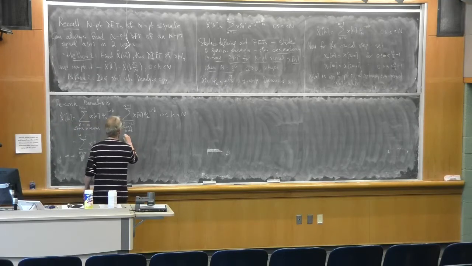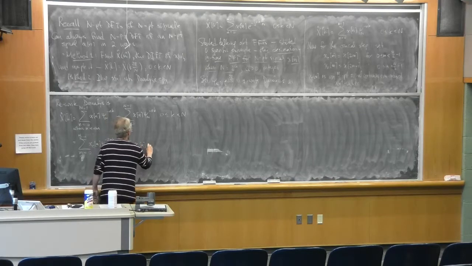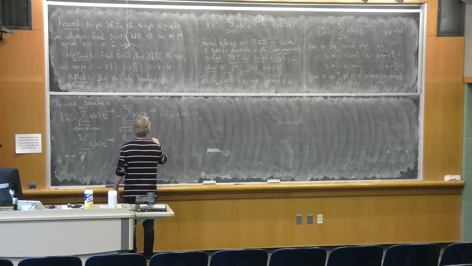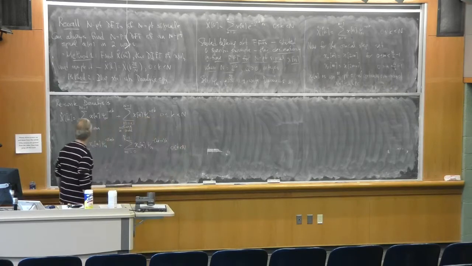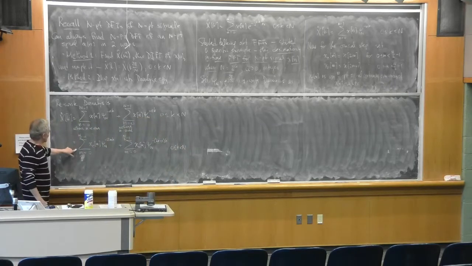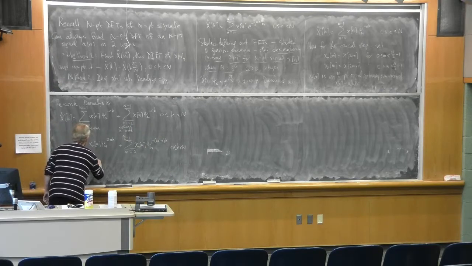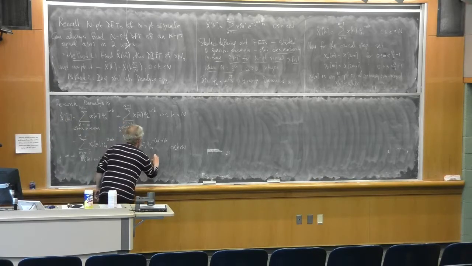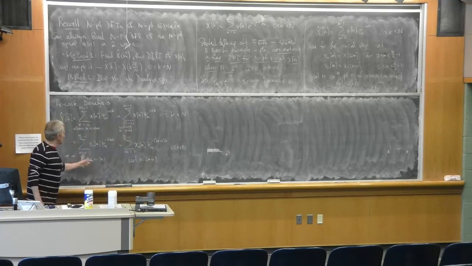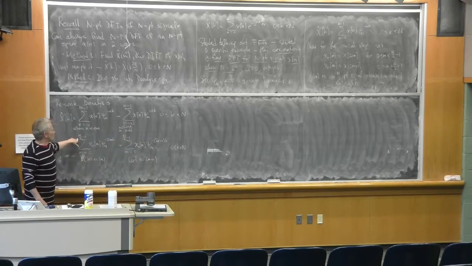M equals 0 to n over 2 minus 1, xo of m, psi sub n to the minus (2m plus 1)k. Okay, and the way we did this, for the first sum we set n equal to 2m, and we set n equal to 2m plus 1 in the second sum, and you can see that's how the indices run. They run from 0 to n over 2 minus 1, and you get those terms. Okay?